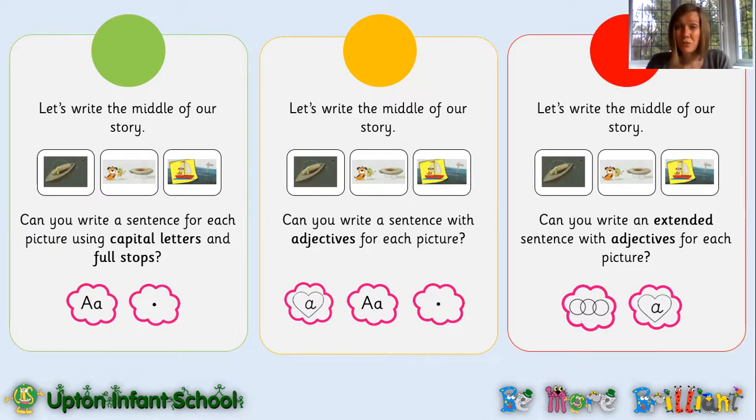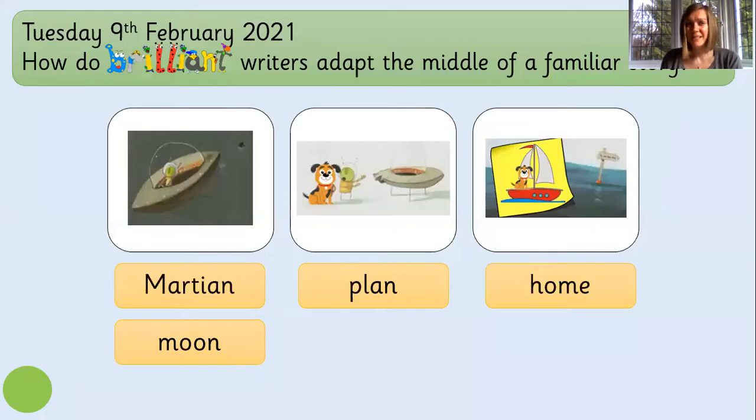You could describe the character and the Martian when they are showing each other their problem. And you could explain and describe what your character is feeling like when they're on their way home. And if you're up for the red challenge, that means that you are going to be adding in more information. You're going to do extended sentences by using the word and you're also going to put some adjectives in. So let me help you with your word banks today.